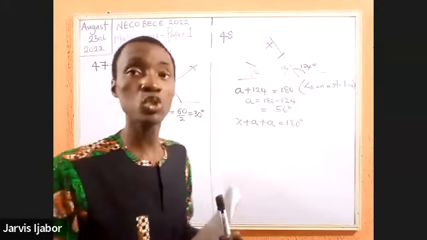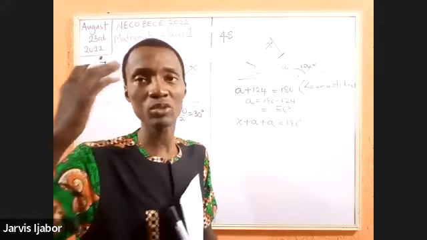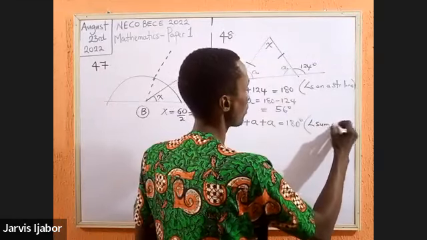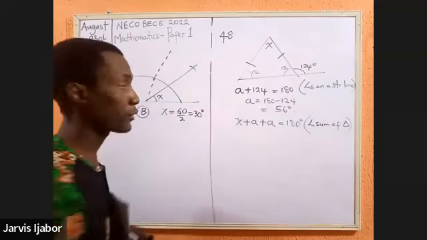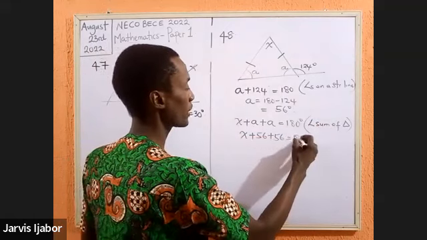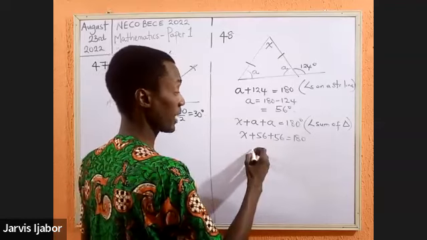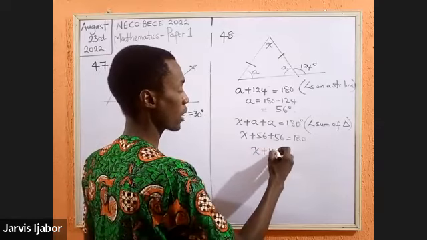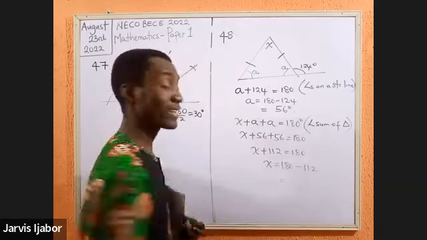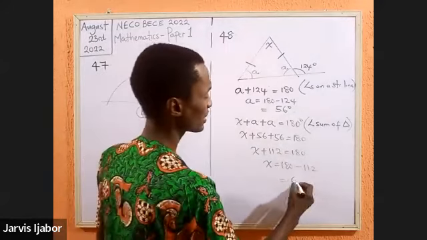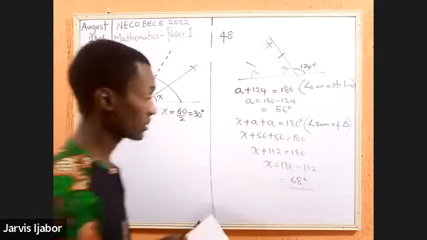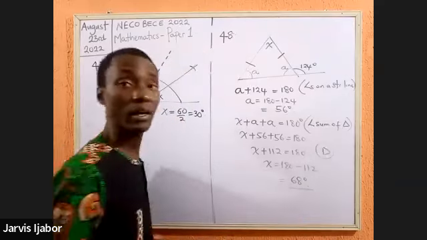For an OBJ exam, you are expected to have done some of these things mentally. Angle sum of triangle: x plus 56 plus 56 equals 180. It means that x plus 112 will be equal to 180, and x will be equal to 180 minus 112. If you do that carefully, you discover that the answer is 68 degrees. As such, x will be 68 degrees, and that option will be D for that question.